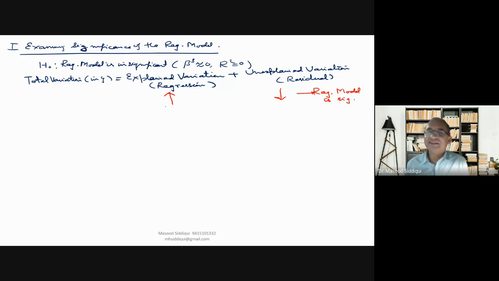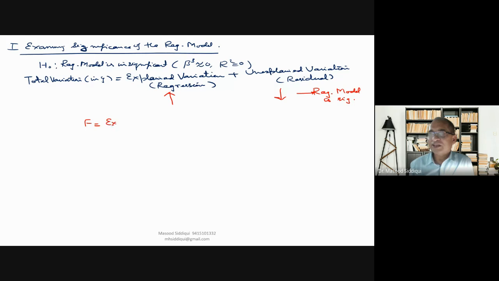And if there is the opposite case, explained variation is low and unexplained variation is high, our model cannot capture the real reason for the variation. So in that case, we say that our regression model is insignificant. Right? Now, we convert them in a ratio that is known as F ratio.